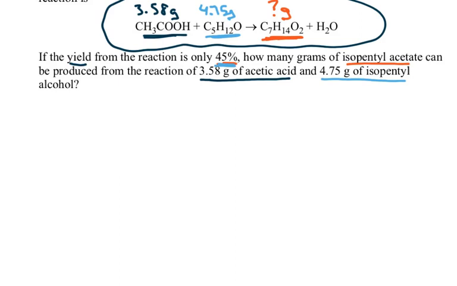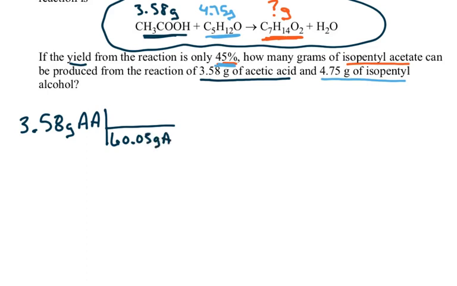So we have 3.58 grams. It's acetic acid, so let's call it AA. We've done this one before. 60.05, I believe, grams of AA and 1 mole of AA.